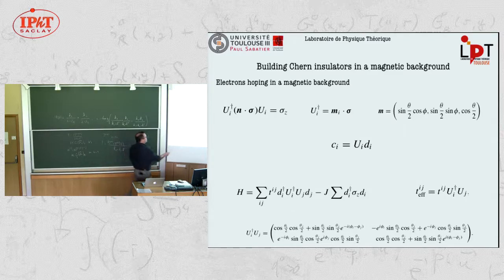And if you do that, then of course the Hund coupling has become very easy because you have only the appearance of the z component of your spin. But of course the price to pay is that now your hopping amplitude has gotten this supplementary term here, which may complicate things.